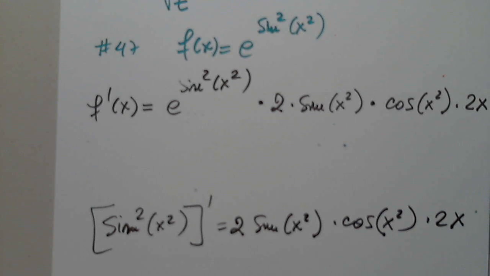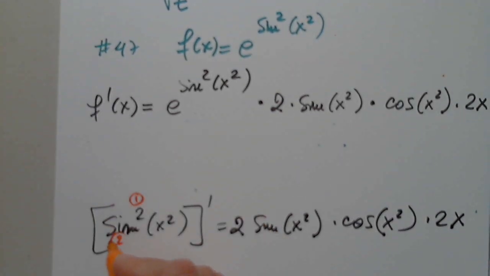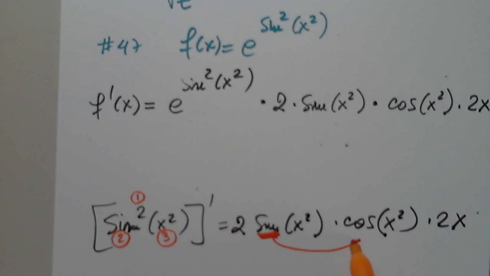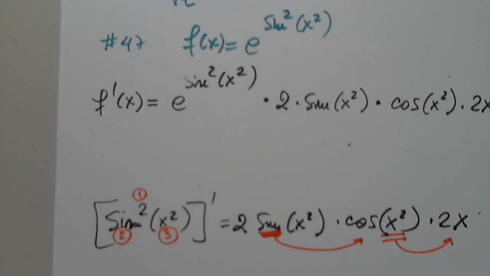So I have here, this is number 1, this is number 2, and this is number 3. So I differentiate the power, 2 times sine to 2 minus 1, times the inner function prime, which is cosine of x squared, times the innermost function prime, which is 2x.